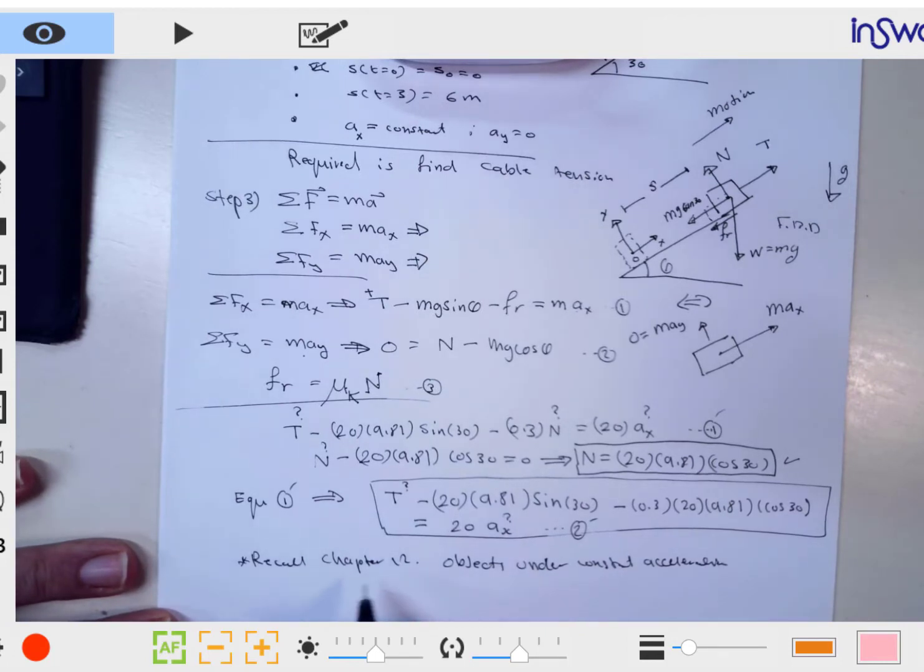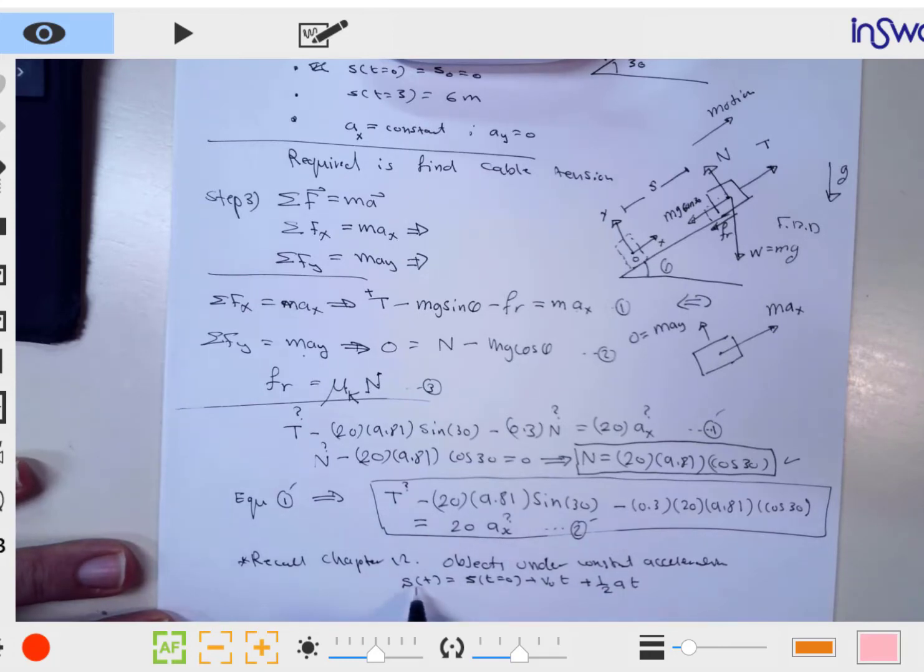One of them says the distance at any time equals the initial distance plus the initial velocity multiplied by the time elapsed plus half the acceleration times t squared.